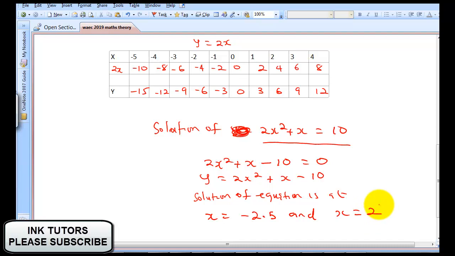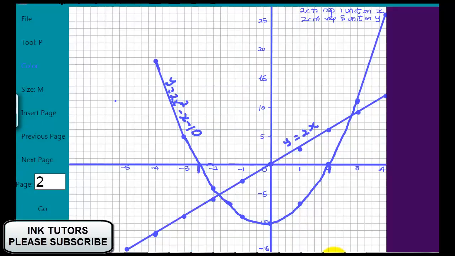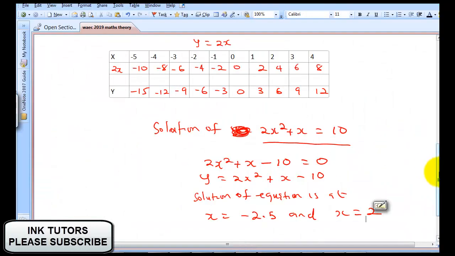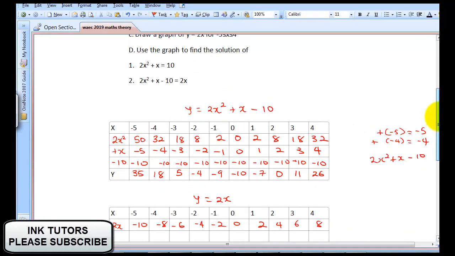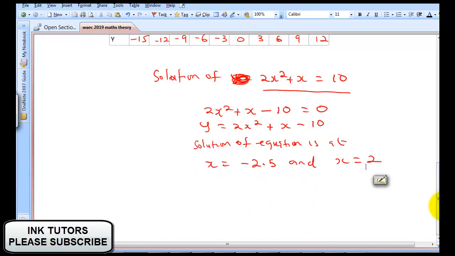Remember, we traced where our graph became 0. So it became 0 at 2 and it became 0 at minus 2.5. Okay, so the next question says, find the solution of 2x squared plus x minus 10 is equal to 2x.